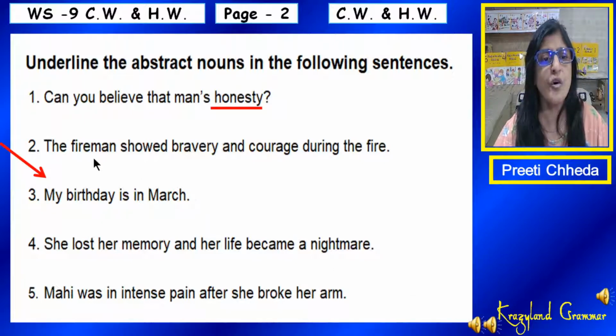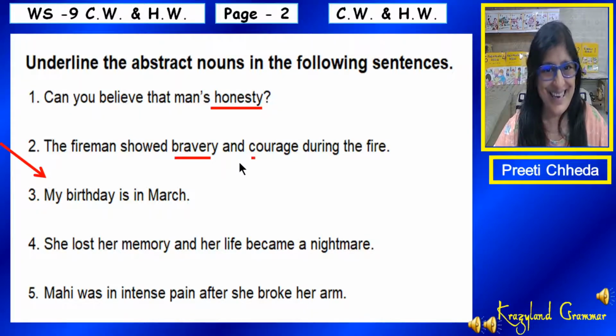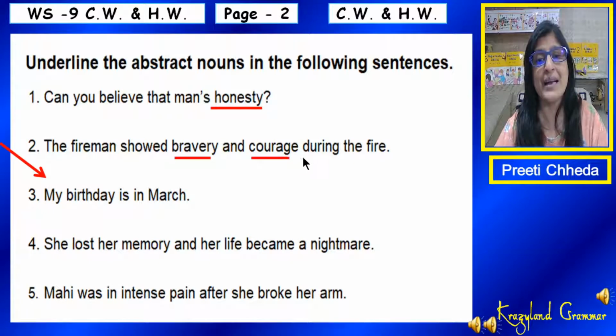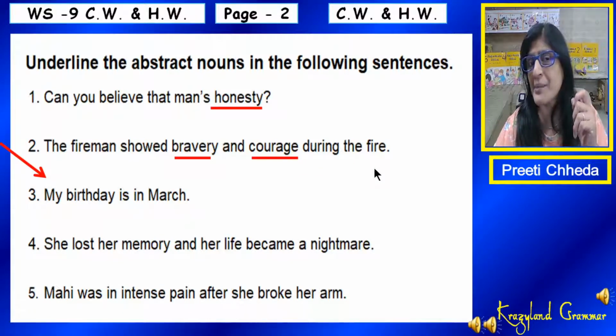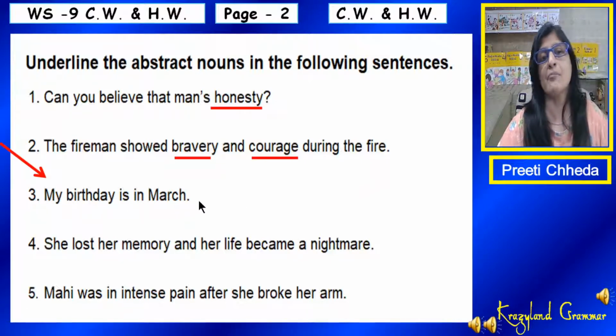Okay, the, no. Fireman, no. Showed, no. Bravery, yes. And courage, yes. During, no. The, no. Fire, no. So how many abstract nouns did you find? Two. Check your answers. Now, my birthday is in March.